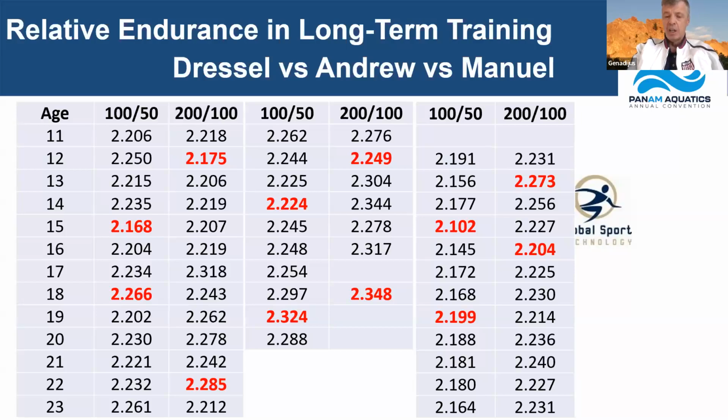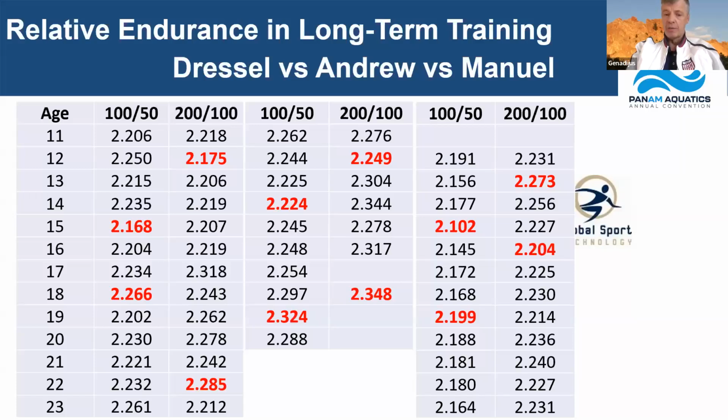At age 14, the 200 and 100 ratio was even 2.34. His 150 ratio was still okay, but even that was higher than Caleb Dressel or Simon Manuel, because he didn't have good ability to maintain speed. Training was just sprint. And looking at these ratios, you can see exactly what kind of training swimmers are doing.